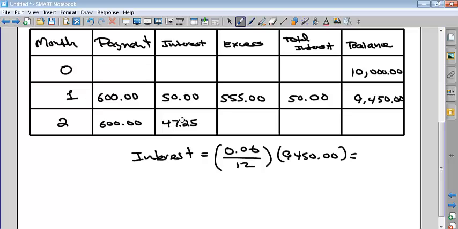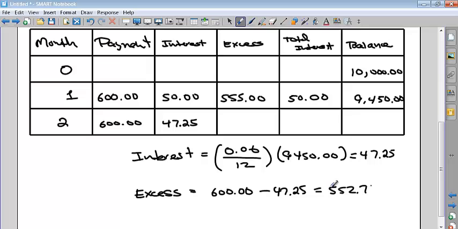We always have constant monthly payments. So the excess, the amount that I paid beyond the interest, is the payment minus the interest. So I get $552.75.